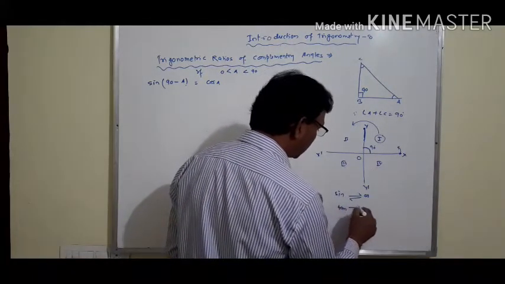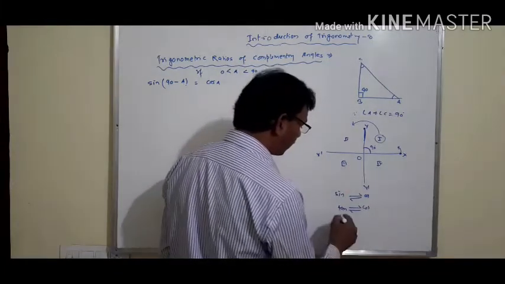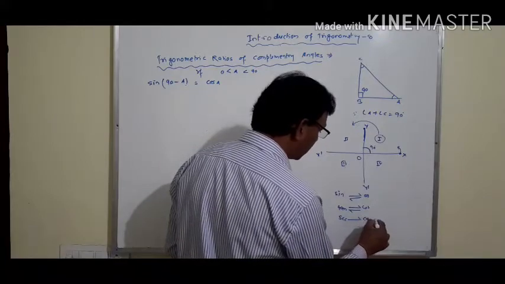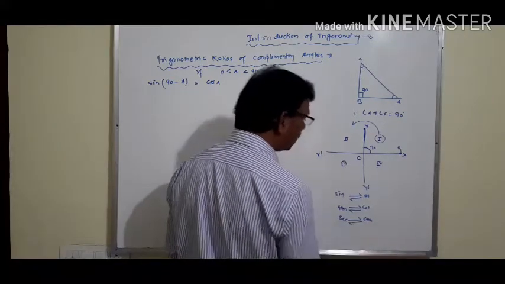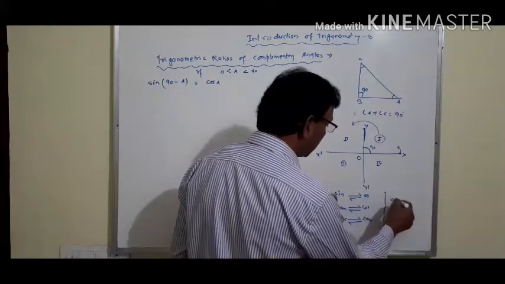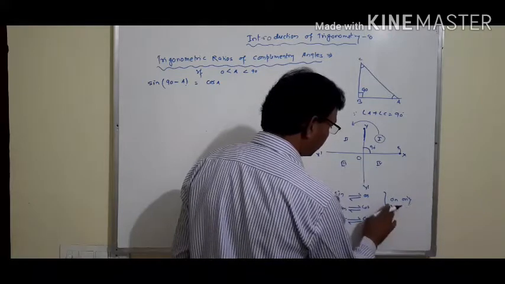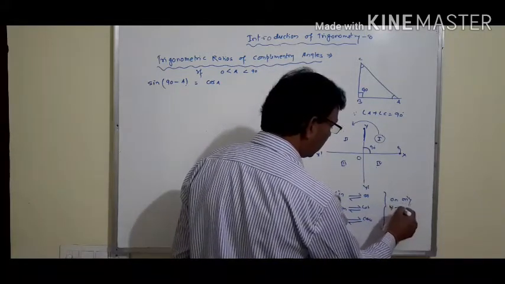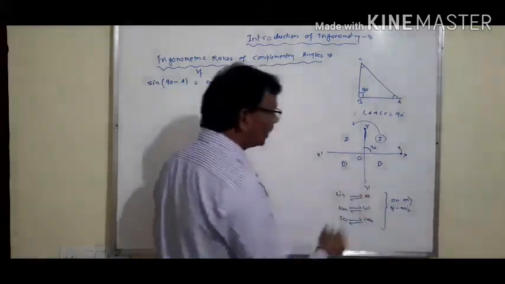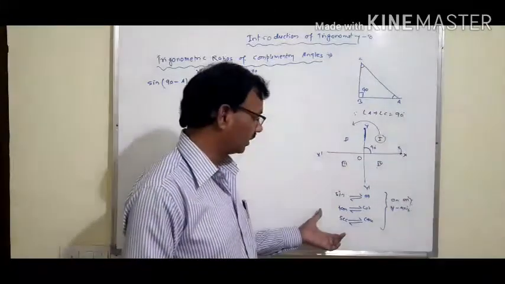Tan changes into cot and cot changes into tan. Sec changes into cosec and cosec changes into sec, but only on the y-axis. This topic is very fast and we will study it in class 11.